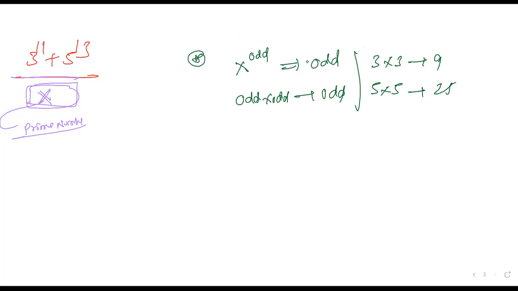So the product of two odd numbers is odd only. This 3 power 11, 3 multiplied 11 times, and 11 is an odd number, so 3 power 11 is an odd number. Likewise 5 power 13, 13 is also an odd number, so multiplying an odd number odd times, the number that comes is odd only.